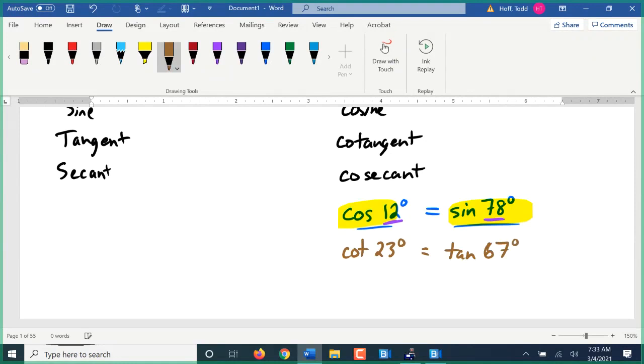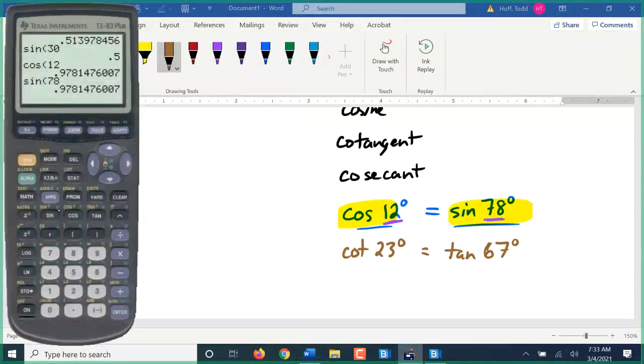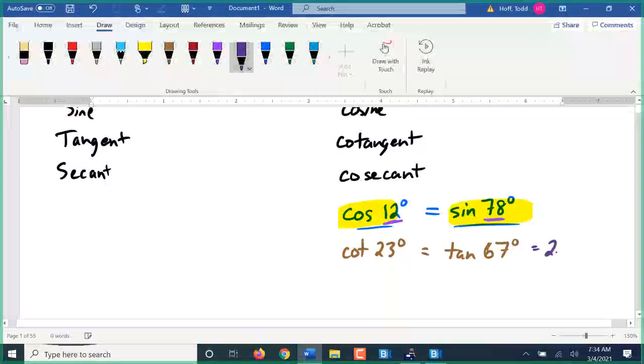The complement of 23 is 67. If I could find the tangent of 67 degrees, I know that 2.356 has to be the cotangent of 23 degrees. Now, that's not how we did it yesterday. We used the reciprocals to calculate those yesterday.